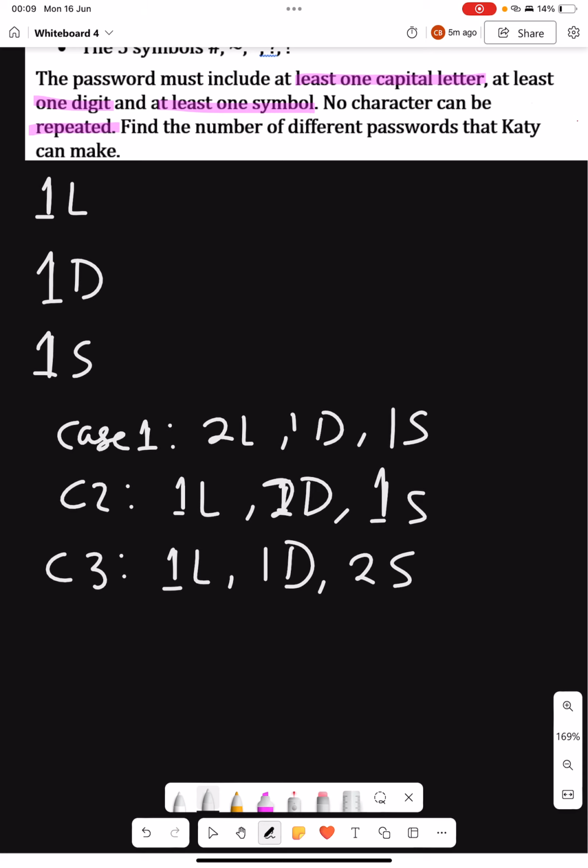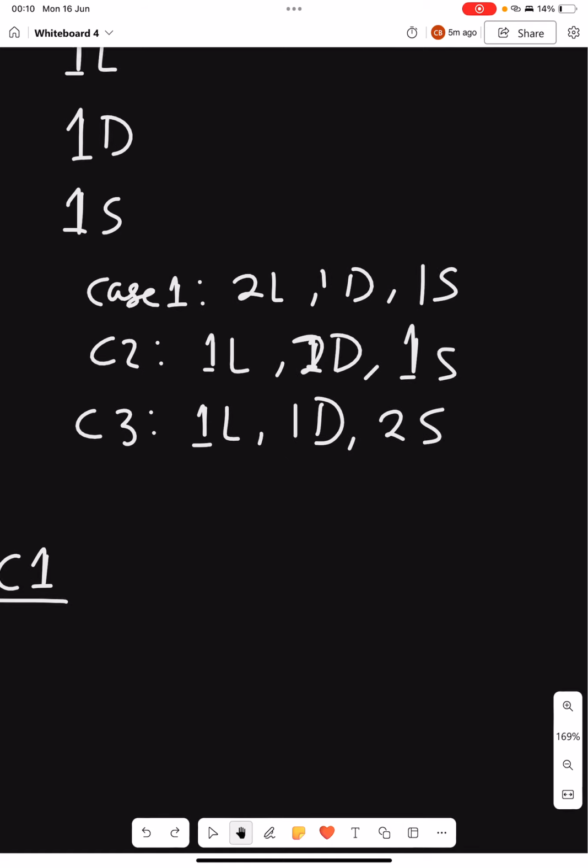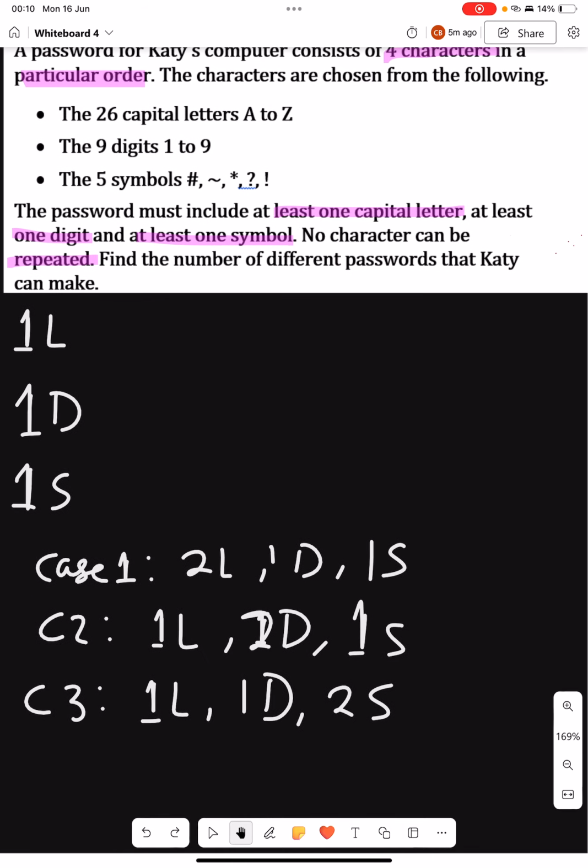For case 1, I'm going to use combinatorics and combine them with permutations. So what we're going to do is we have 26 letters, out of 26, we can choose 2.